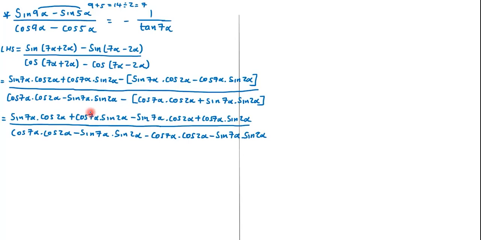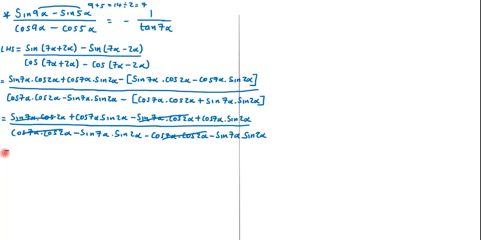Alright, so now here we're going to be cancelling. So I'm cancelling the one with negative, it's minus sine 7 alpha times cos 2 alpha, so which means it's going to cancel with that. And then here I have the cos 7 alpha with plus.